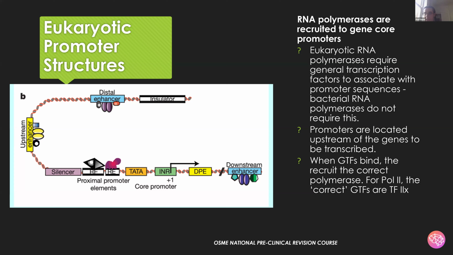This is at a promoter sequence, and this causes sequential recruitment of our other transcription factors for RNA polymerase II, which are transcription factor 2A, 2B, and 2F. The binding of these transcription factors leads to eventual recruitment of RNA pol 2, transcription factor 2E, and 2H. Again, that's all in the notes.